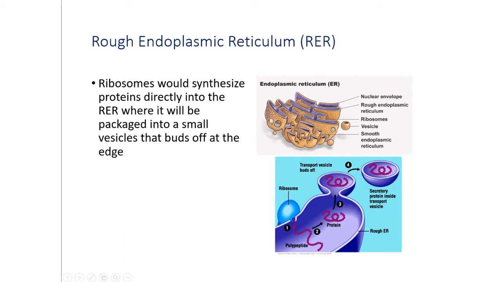Now, typically there are two types of proteins that the rough ER is going to be producing. You can be producing membrane proteins, and these membrane proteins are actually going to be traveling to the surface of the cell, where they will embed themselves in the plasma membrane. Another type of protein that the ribosome can produce is what's called secretory proteins.